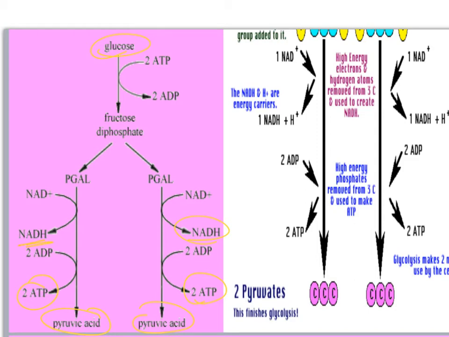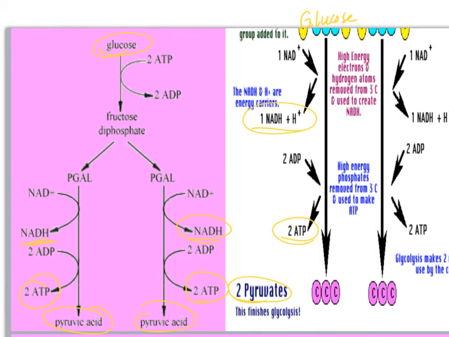Anyway, it's kind of a weird picture. It's showing you the same thing over here. This should be glucose up top. It's just showing the pathways of how you get your pyruvates, your ATPs and your NADH.